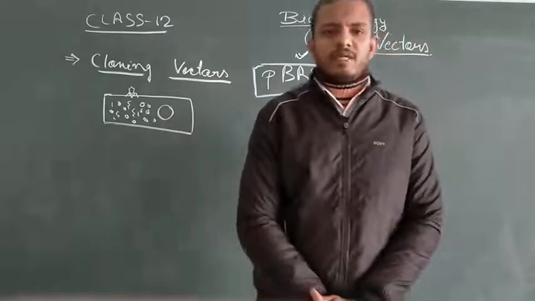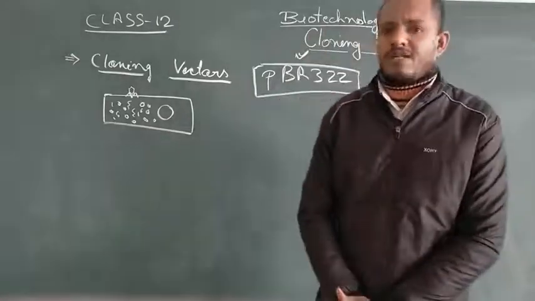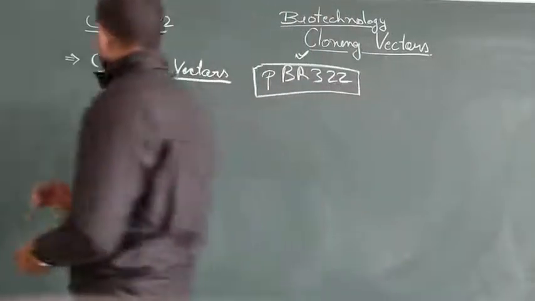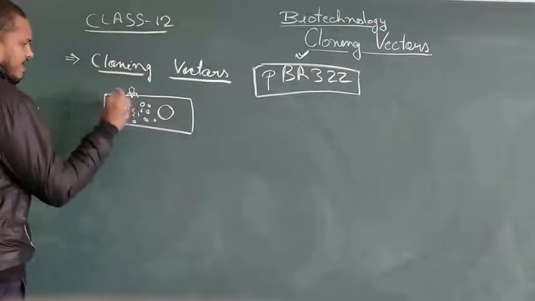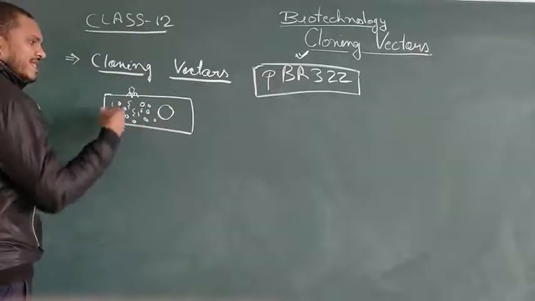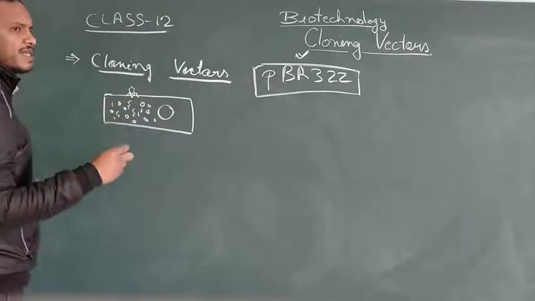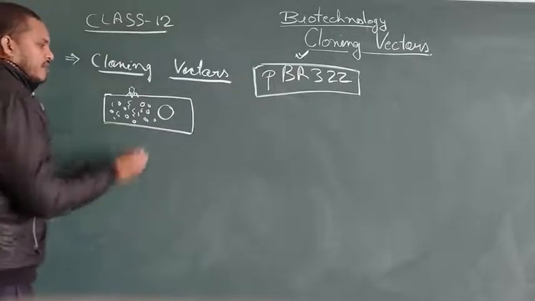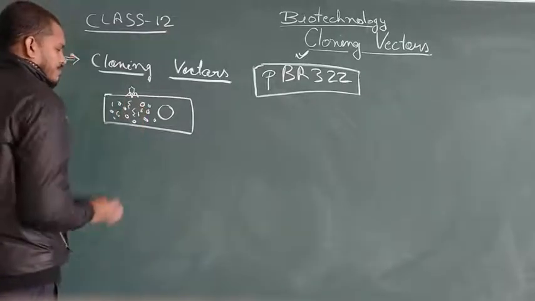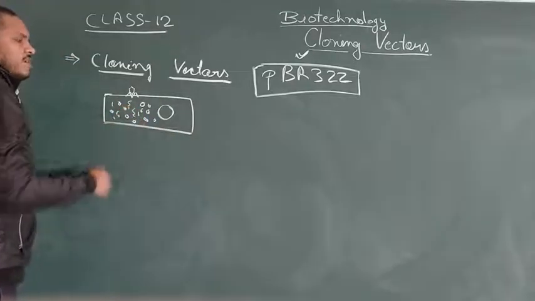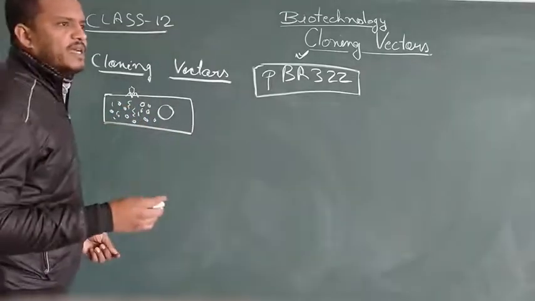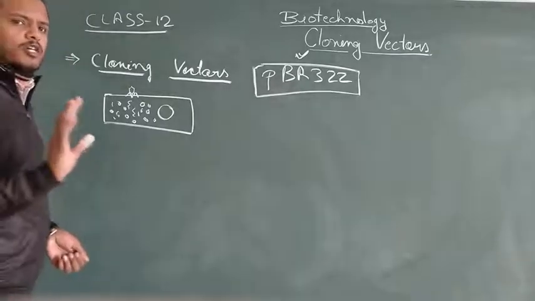Copy number is a very important thing, because when these vectors or plasmids enter inside the host, and the cell is going to divide, the vectors or plasmids are also going to divide inside the cell depending upon the copy number.